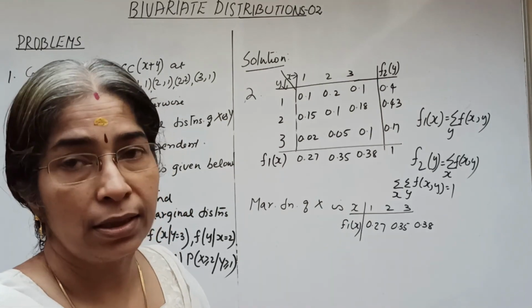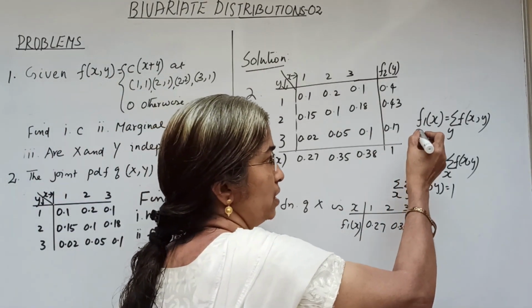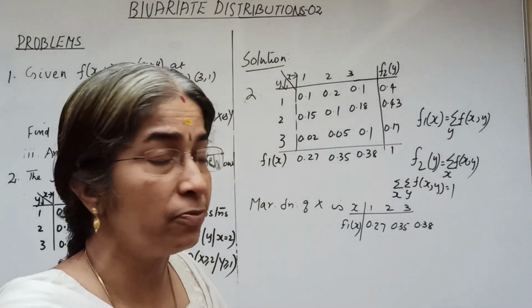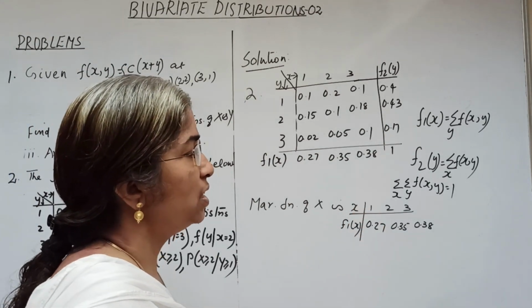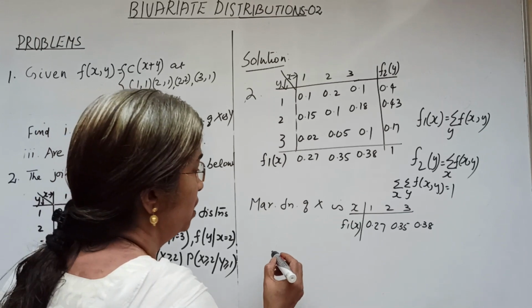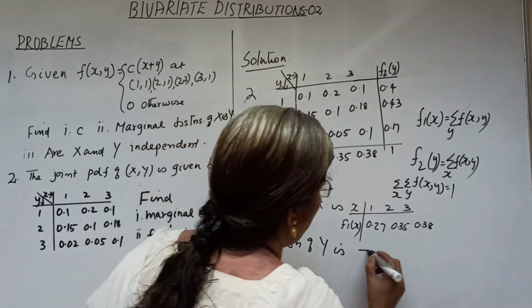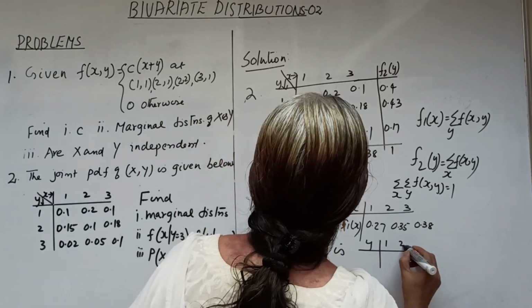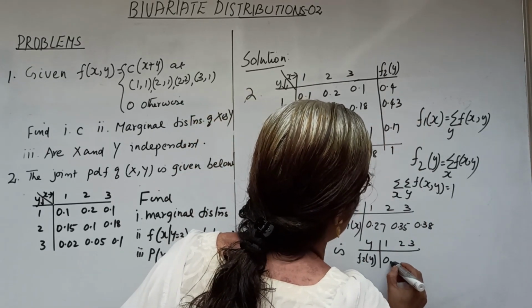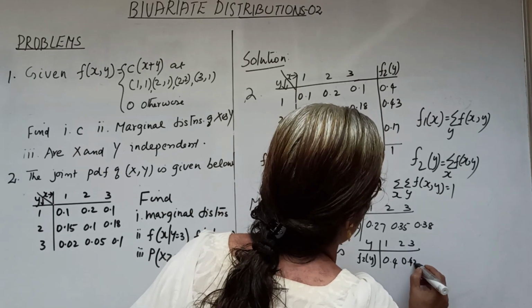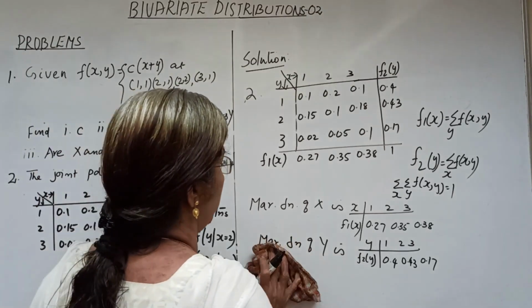Whether it is in rows or columns doesn't matter, the formula is fixed. f2(y) equals sigma over x of f(x, y). So the marginal distribution of y is: y takes the values 1, 2, 3, and the row totals are the f2(y) values, 0.4, 0.43 and 0.17. The grand total is 1. That is, the first part is over.